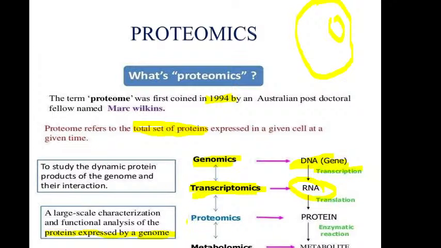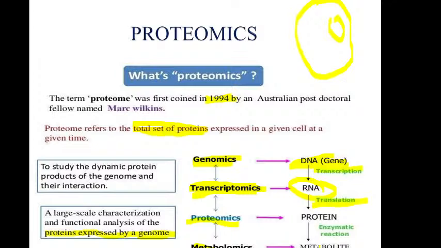And when we say proteomics, it is the study of the proteins, the functionality of the proteins, the interaction of the proteins, everything related to proteins. And obviously we get the proteins from the RNA by the process of translation. So we have these recent terms: genomics, transcriptomics, proteomics, and another term, metabolomics, which is about the metabolites or the functioning of the body.